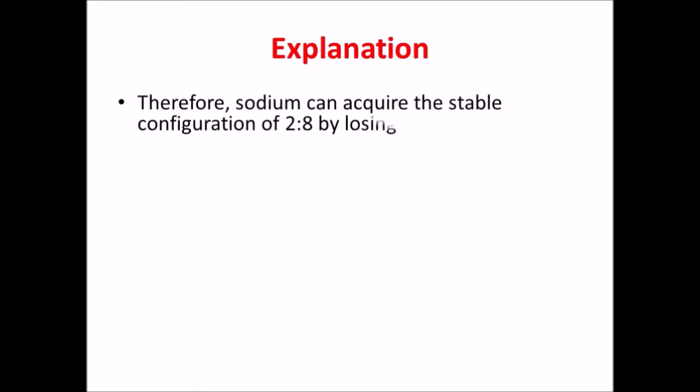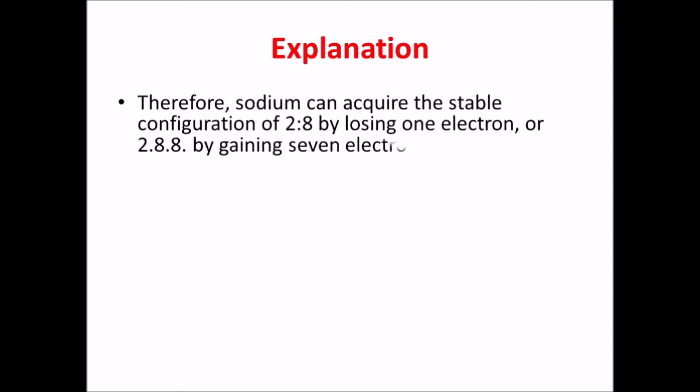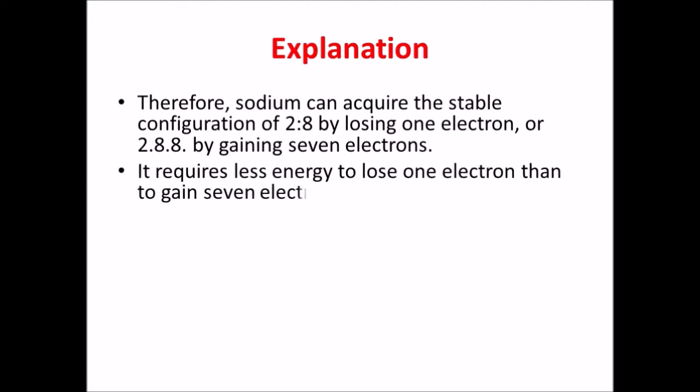Sodium can acquire a stable configuration of 2,8 by losing 1 electron or 2,8,8 by gaining 7 electrons. But this depends on the energy. So, it is easier to lose 1 electron than it is to gain 7 electrons.